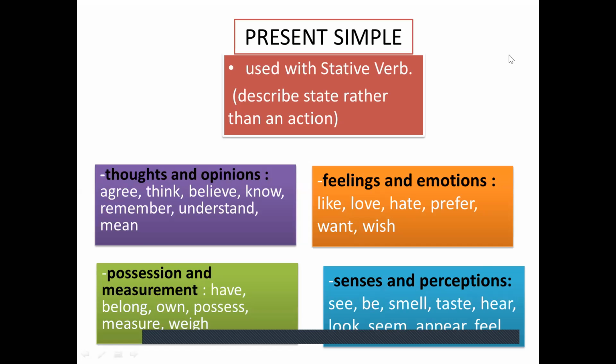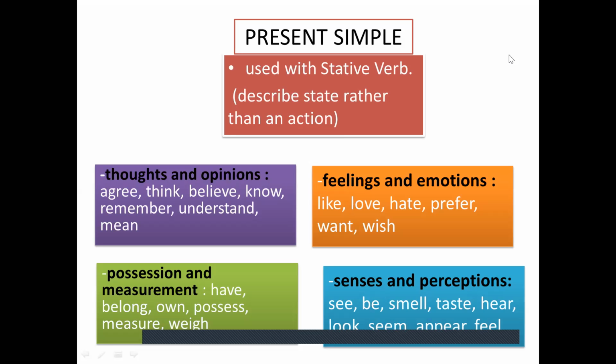Well, there are some stative verbs. The first are related to thoughts or opinions. For example, agree, think, believe, know, remember. It's also related to feelings and emotions such as like, love, hate, and related to possession and measurement such as have, belong, own, possess, and others.